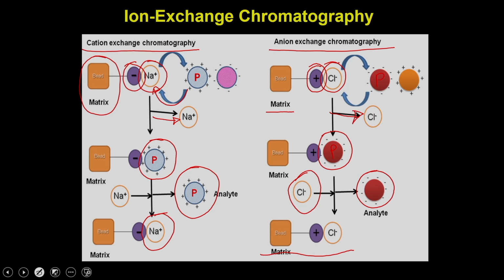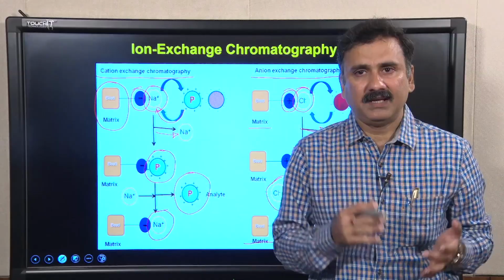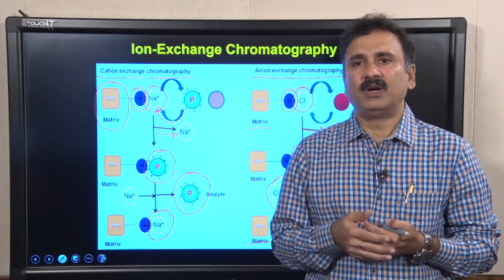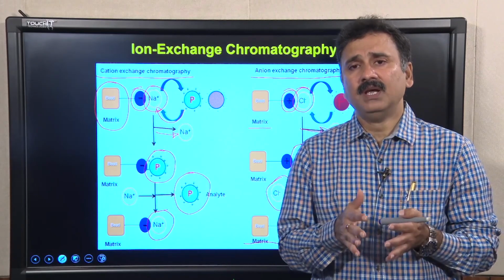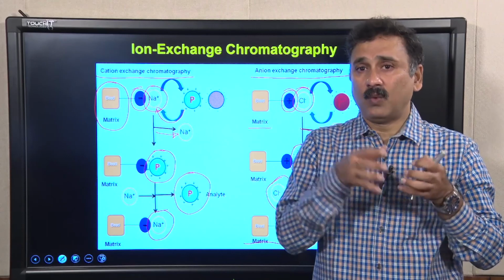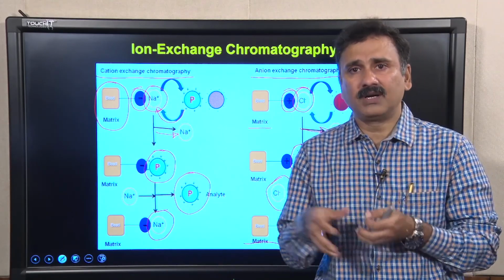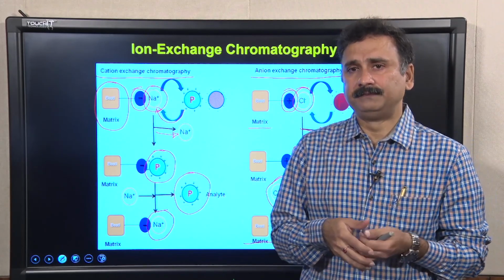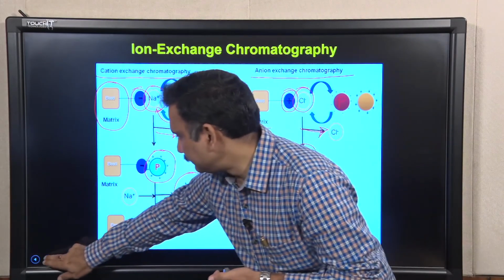Now, with this brief discussion about the cation or the anion exchange chromatography, when you start an ion exchange chromatography, the first question is which matrix I should use, at what pH, under what conditions, and how to perform the ion exchange chromatography. So, let us discuss that.